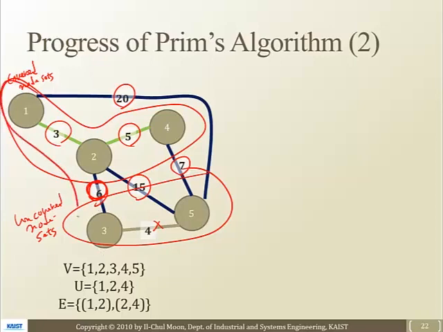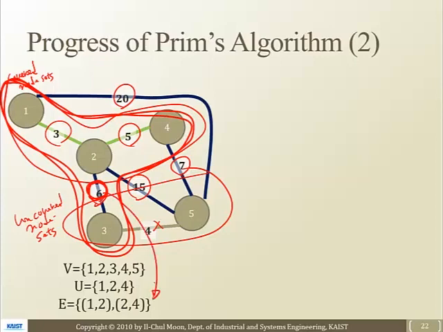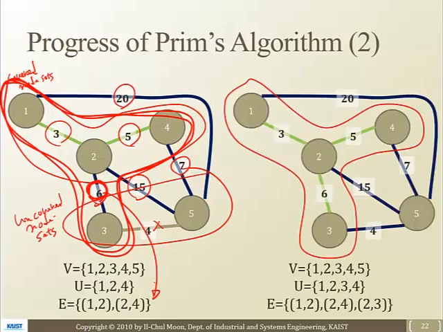Then 2 and 3, and this edge 6 is selected and put in here. This is the covered node set, and this is the only uncovered node.